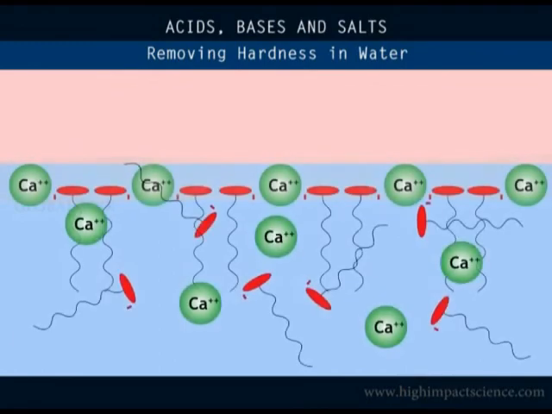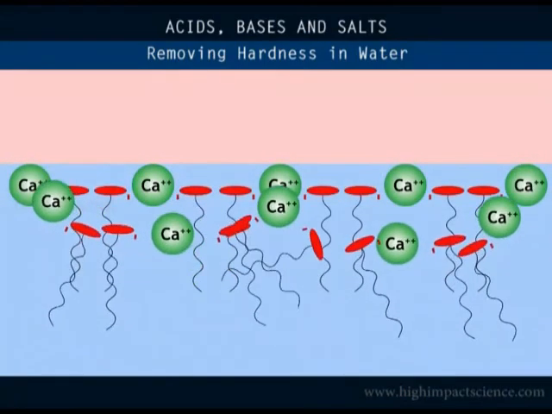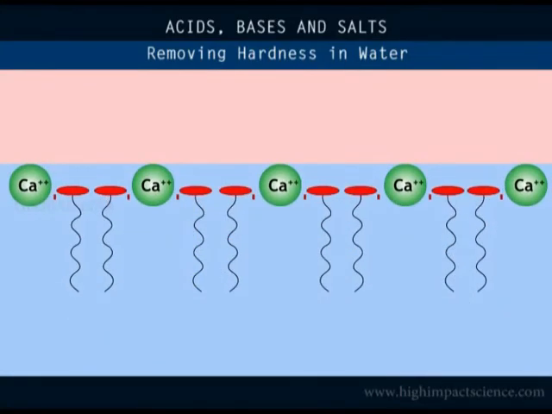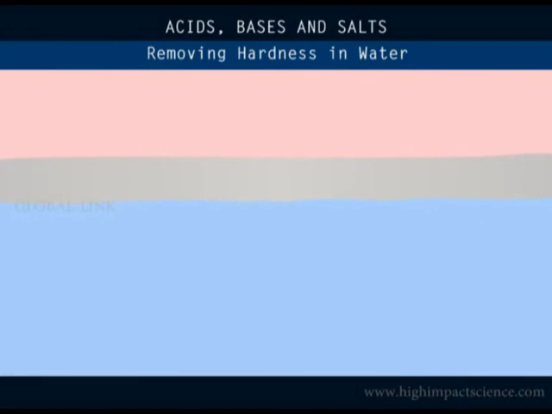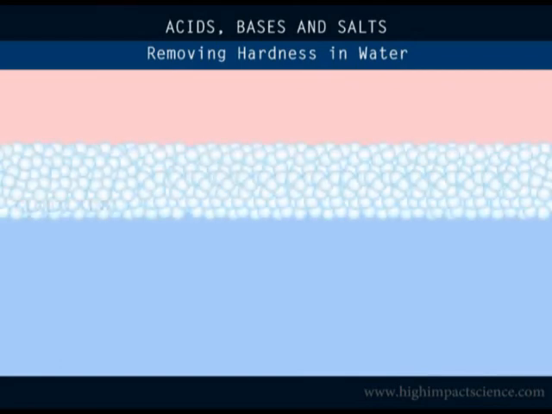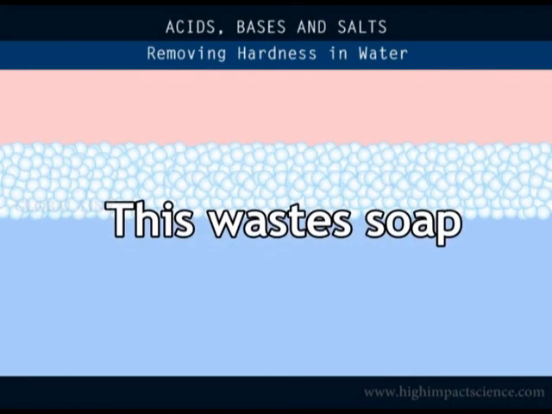If you keep using the soap, the water will eventually soften as the soap reacts with all calcium ions, forming a scum which floats to the surface as a solid. And once all the calcium is precipitated, the soap works normally and you get lather again. However, this wastes soap and the scum can stain brightly colored clothes.